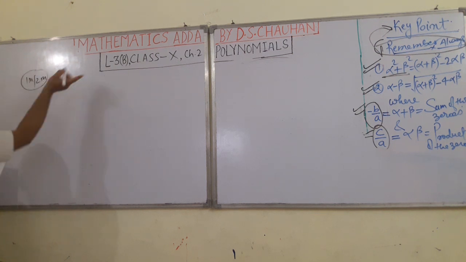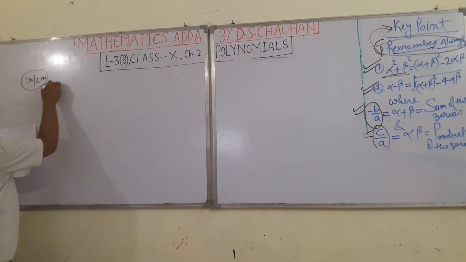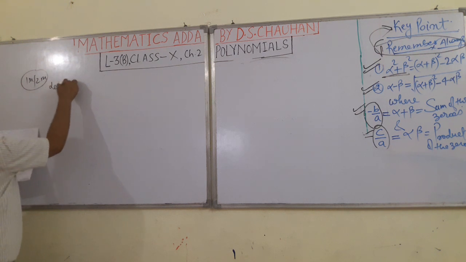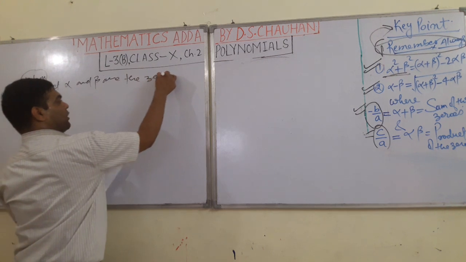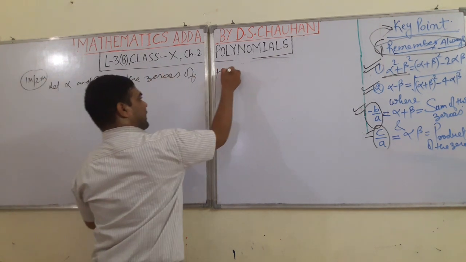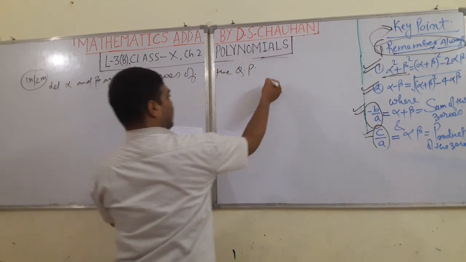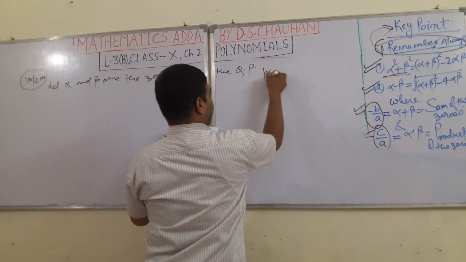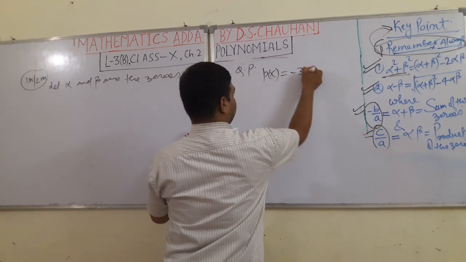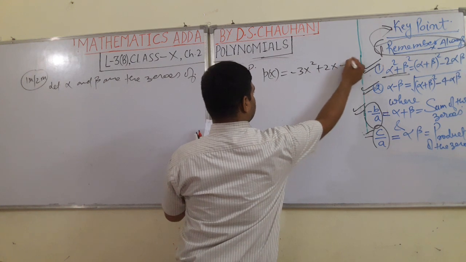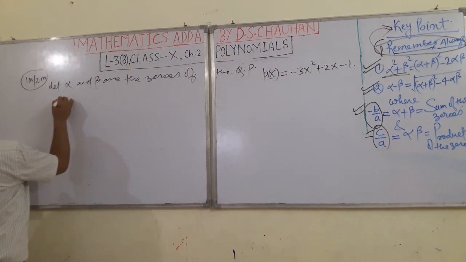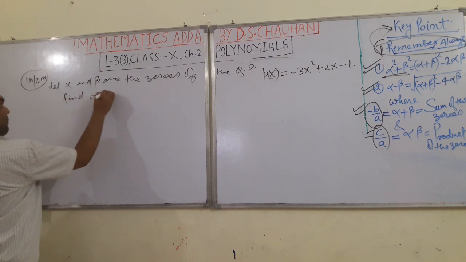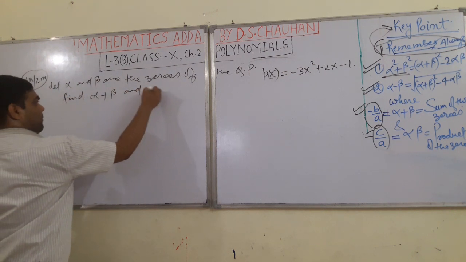Suppose, let alpha and beta be the zeros of the quadratic polynomial p(x) equal to minus 3x square plus 2x minus 1. Find alpha plus beta and alpha beta.